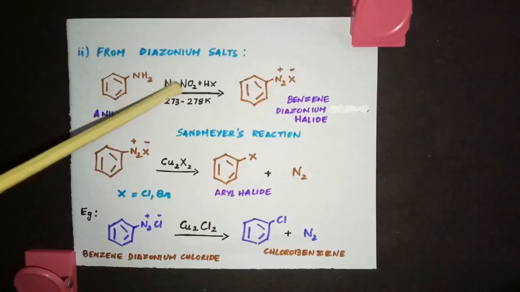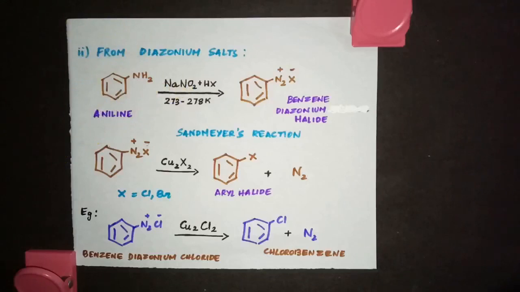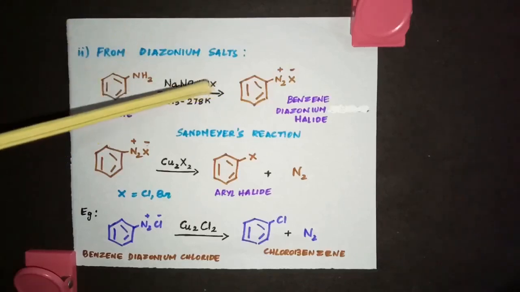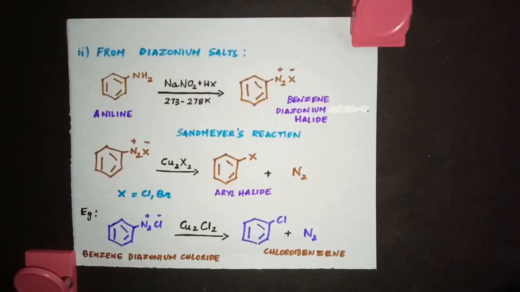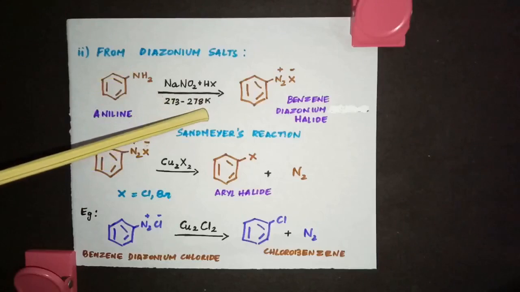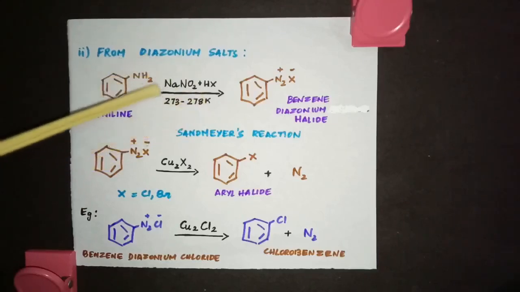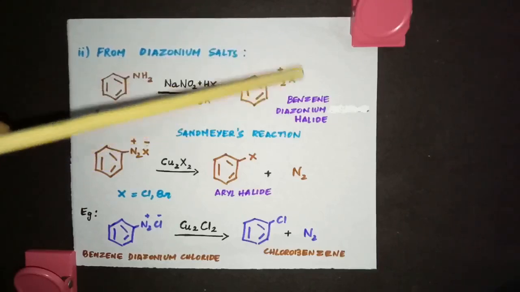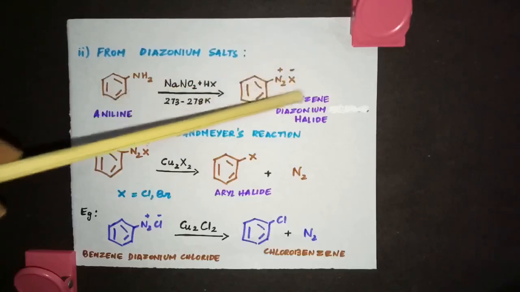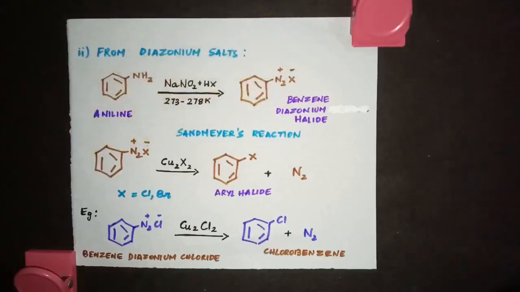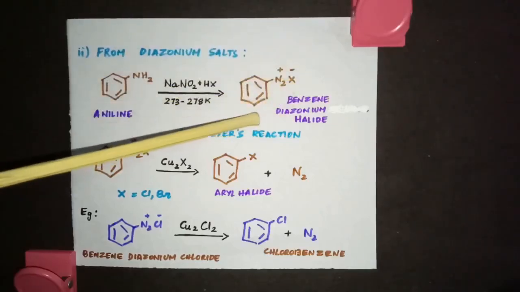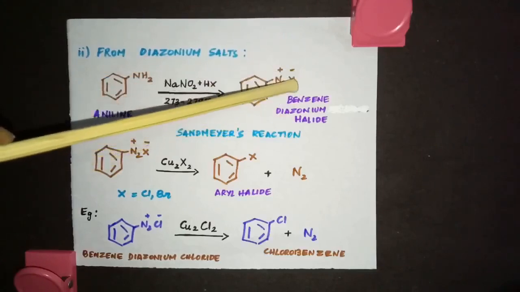And you're treating it with NaNO2 and HX, sodium nitrite and hydrogen halide. HX can be HCl or HBr. What is the temperature here? 273 to 278 Kelvin. So you get this group N2+ X-. This N2 group is called the diazonium, azo group. So you have a benzene ring, N2+ and X-.